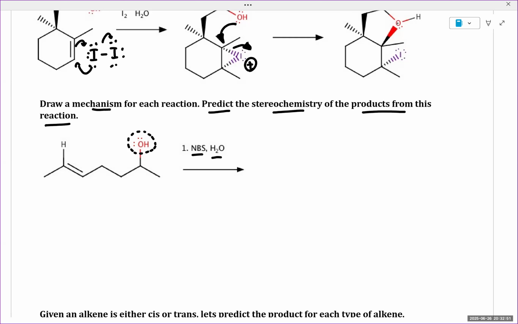So, in discussing this, first and foremost, N-bromosuccinimide looks a little bit like this. We're going to get cyclization in turn to generate a halonium ion.